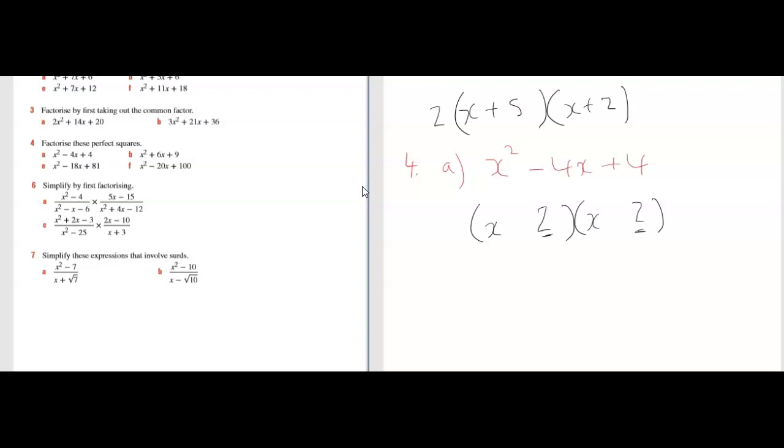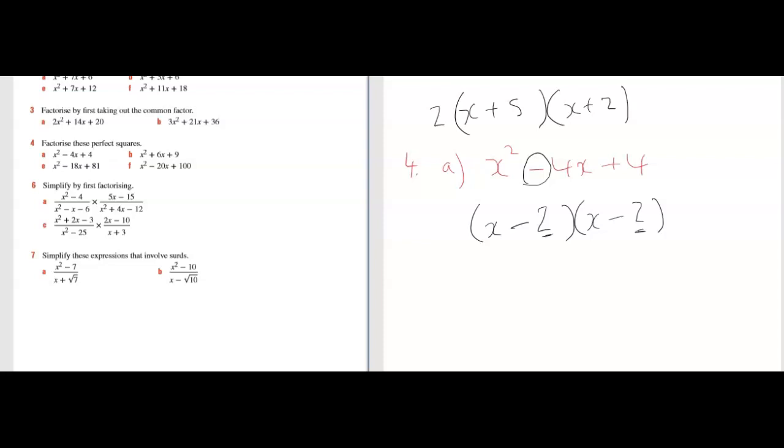But just be aware of this sign here, because if I made them both plus, that would give a plus 4x, but it's a minus, so we've got to make that a minus 2. If I was to expand that, x times x gives you x squared, then minus 2x plus 4. So always take note of your sign.